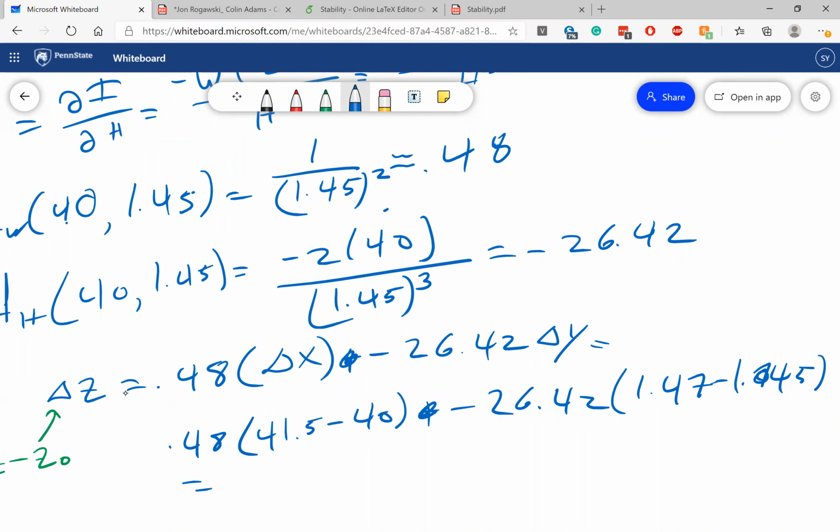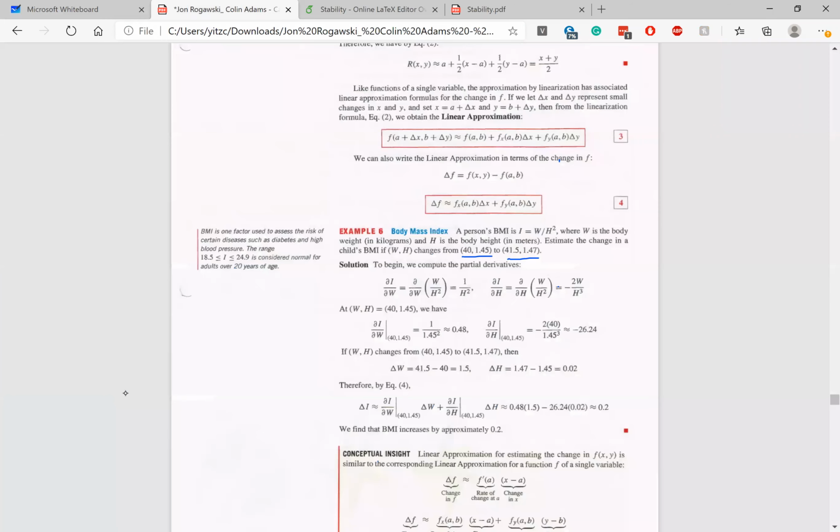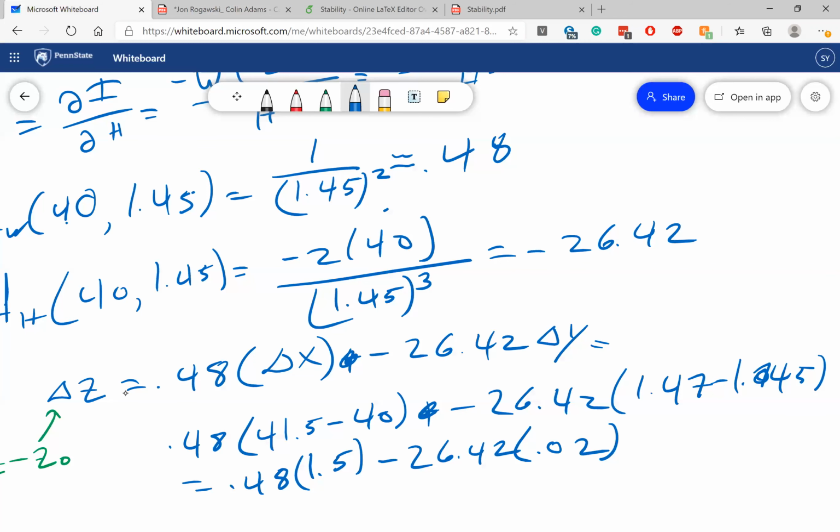Okay, so this is going to be equal to 0.48 times 1.5 minus 26.42 times 0.02. And so when we do this, we get 0.2.